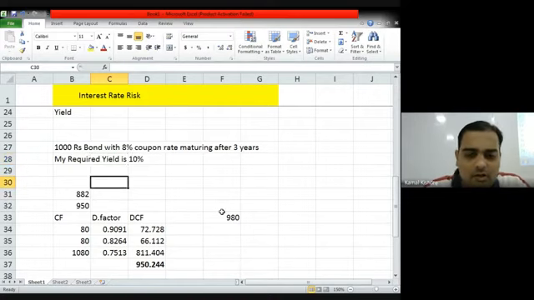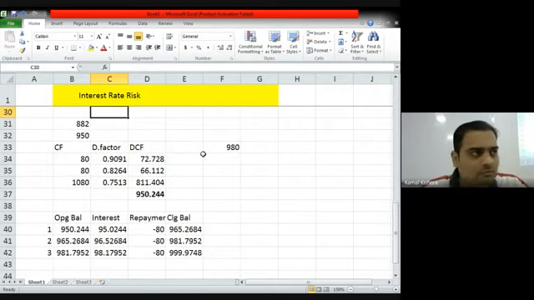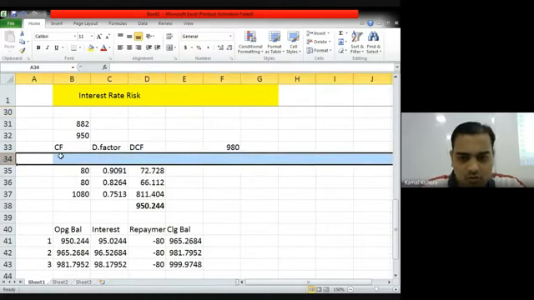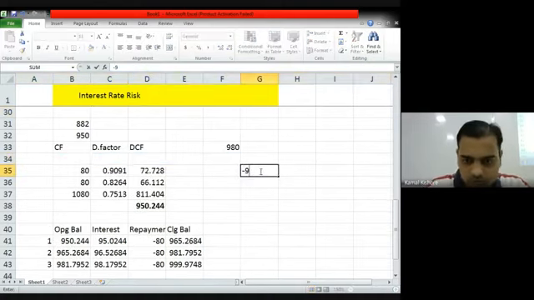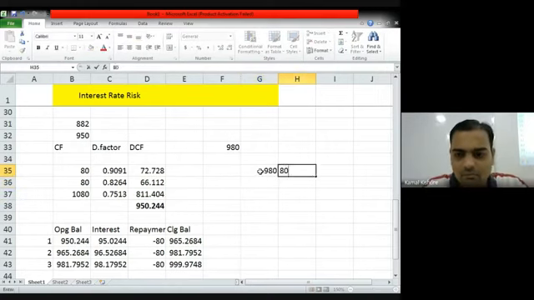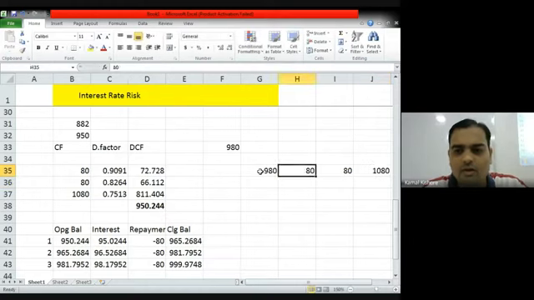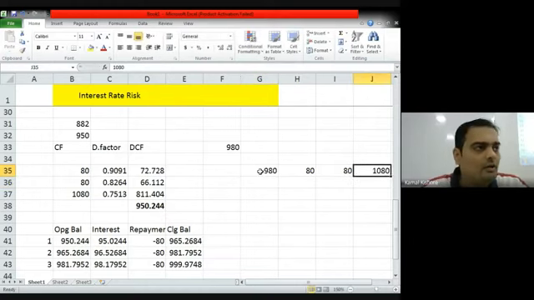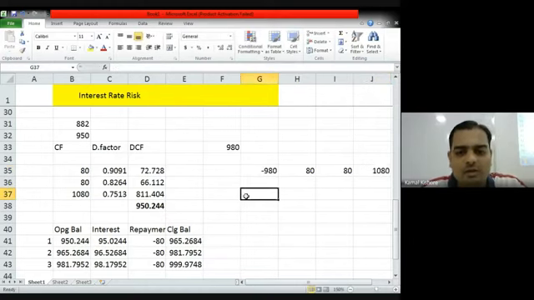So if you have to calculate IRR based on this: minus 980, 80, 80, 1,080. These are the cash flows, right? And you have calculated IRR in your financial models.